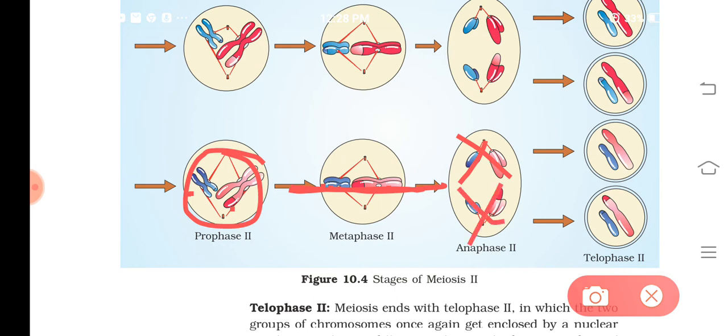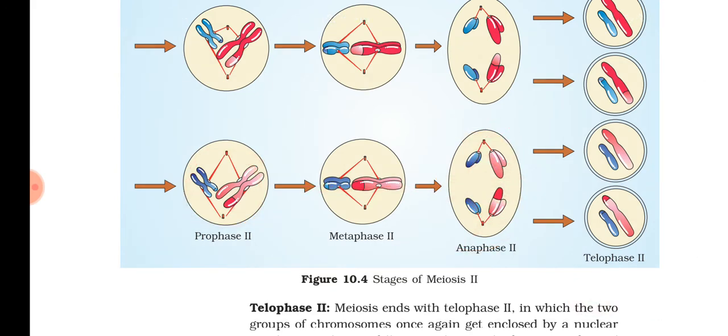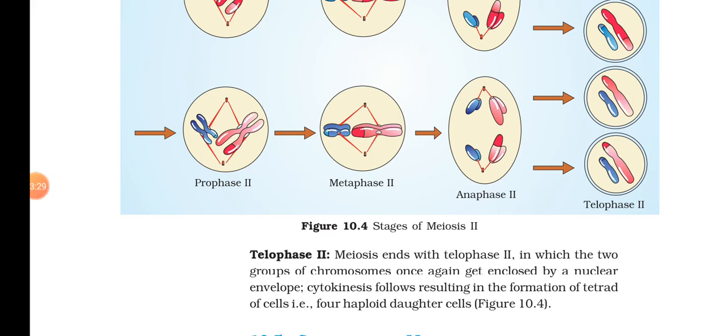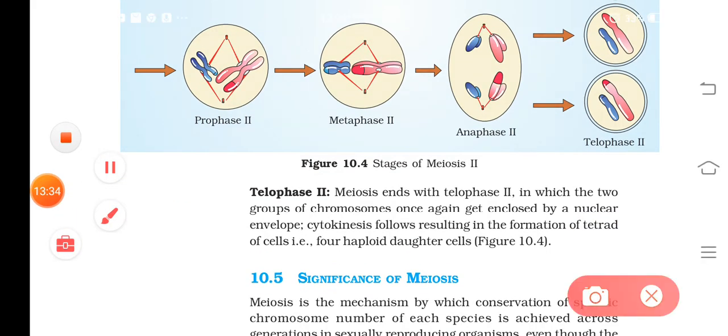So here also 2, in this pole also 2 will be there. Understood? So the chromosome number of the parent cell, this is the parent cell which underwent meiosis 2, having 2 chromosomes, and in the daughter cells also there will be 2 chromosomes in each. So this will take place in both the cells which are formed after meiosis 1.